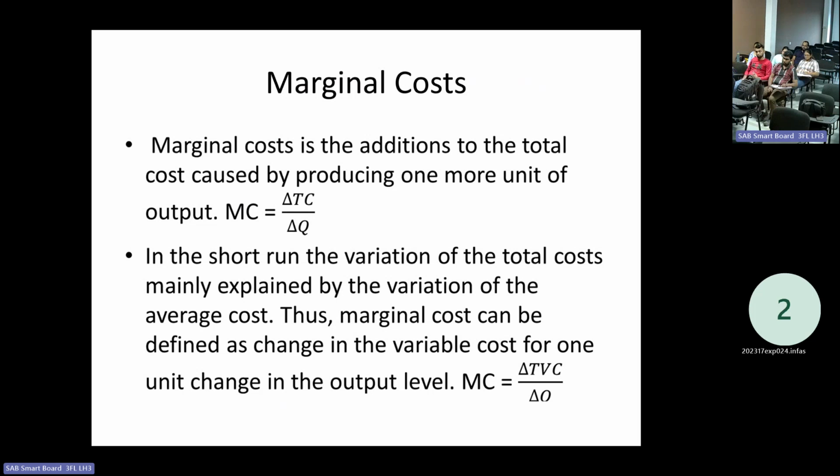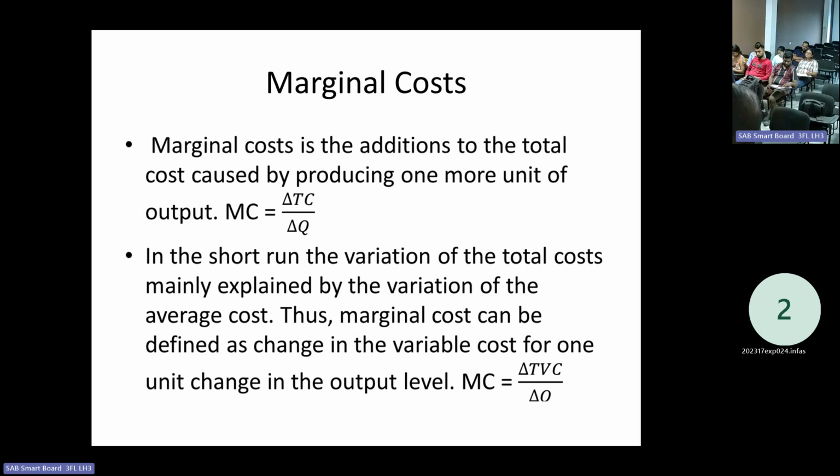We differentiate the total cost function in terms of output: delta TC over delta Q, so we take dTC over dQ. That is the marginal cost.